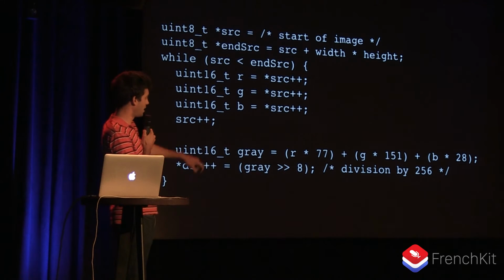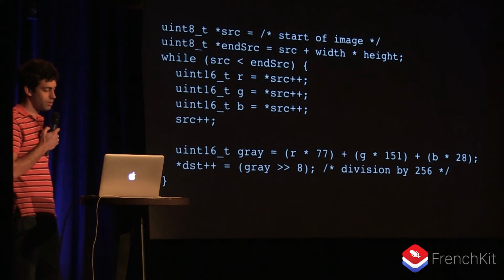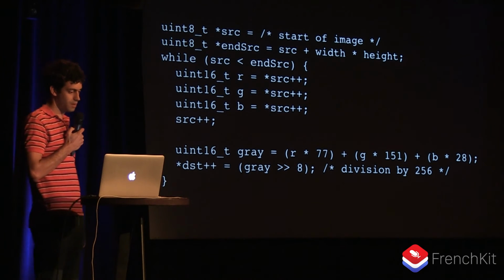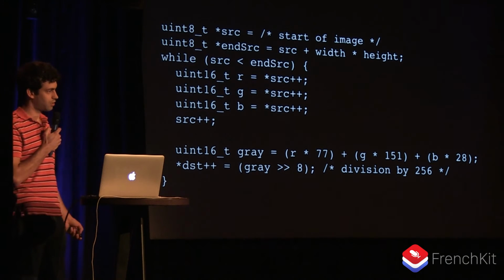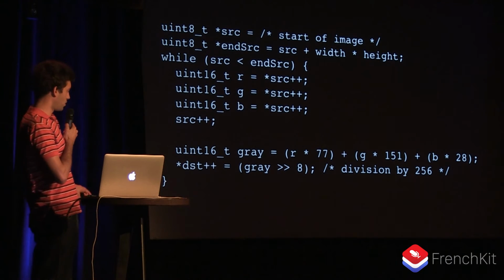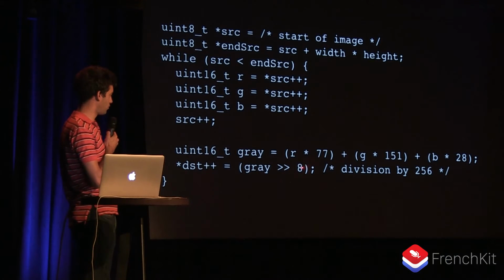So instead of multiplying our data or channels with floating points, we can actually use these integer factors. You have to note that this is going to lead to having a larger integer. And what we do at the end, we divide this integer by 256 to come back to the 1 byte component of the gray channel.